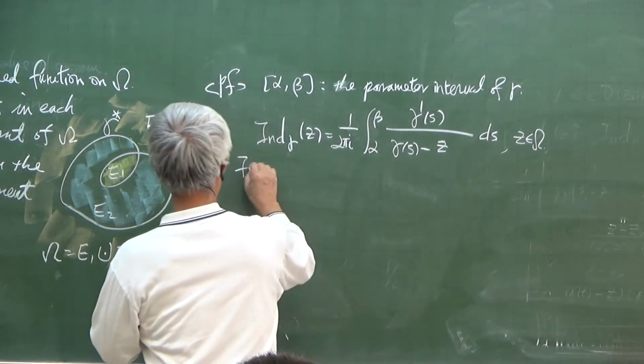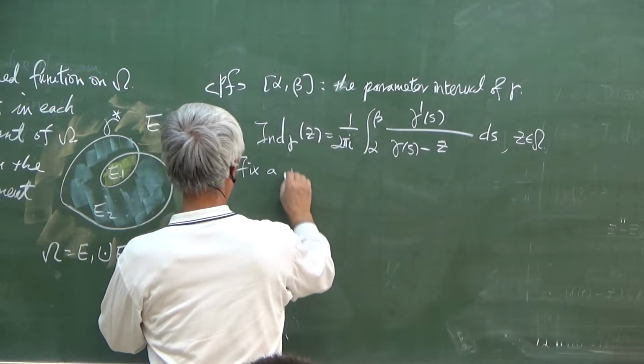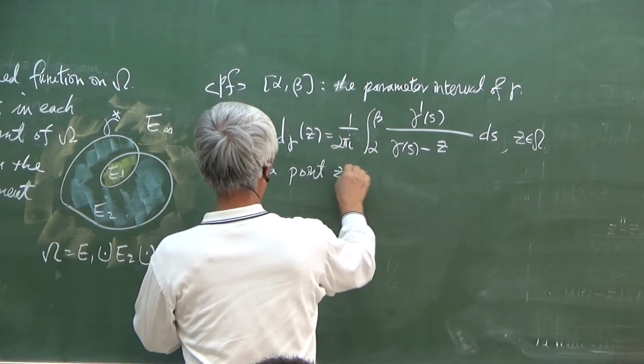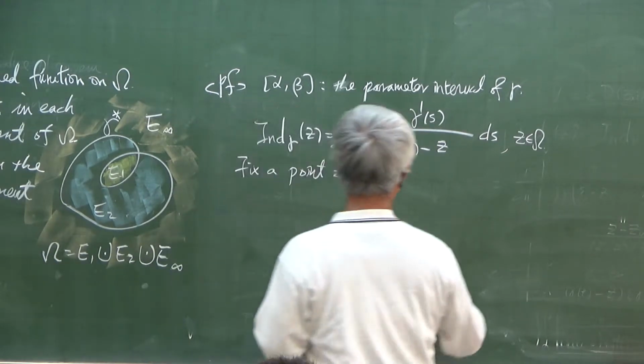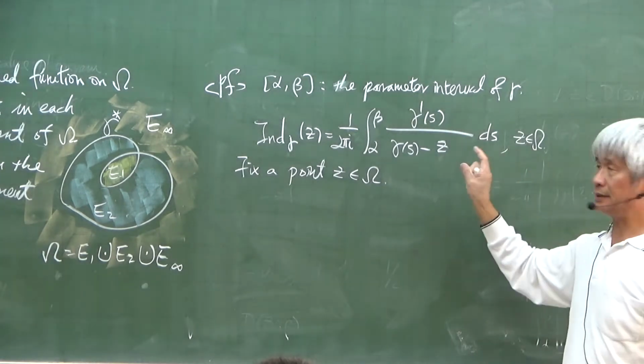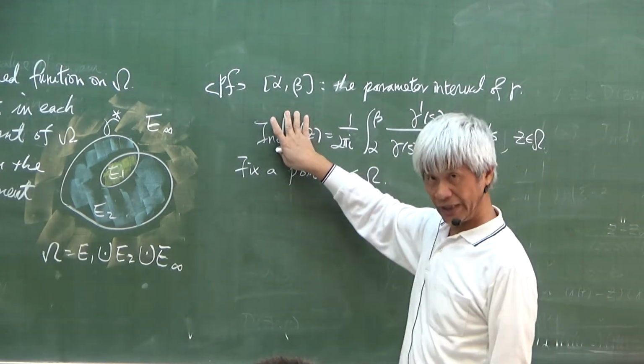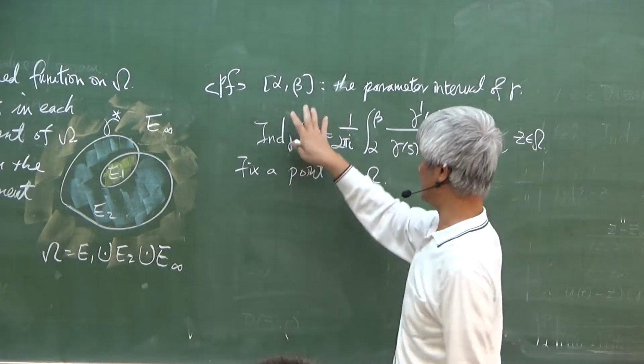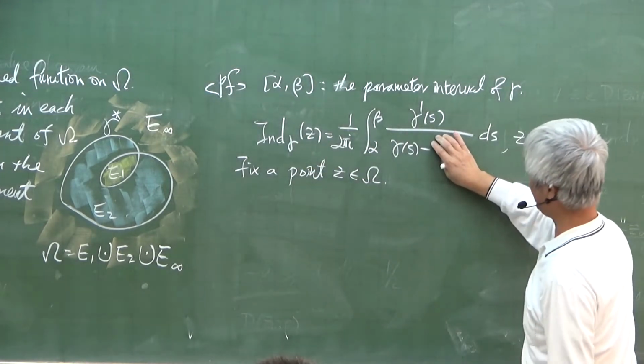So now we fix a point again in omega. So z is a constant. We fix it. So this should be a value. When we fix z, this should be a value.